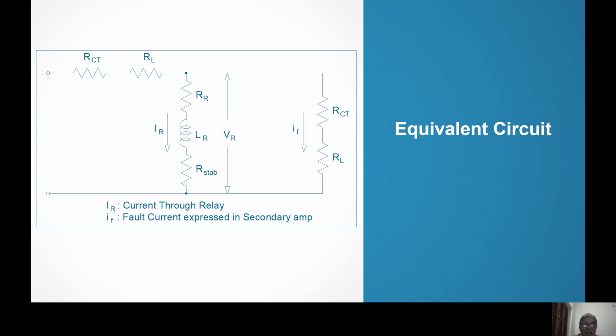Then the relay is connected here. Across the relay, VR is the voltage. RR, LR and R step. I told you LR we will ignore. If you write the equation, VR is equal to IF into RCT plus RL, and VR is equal to IR into RR plus R step, and LR we will ignore.